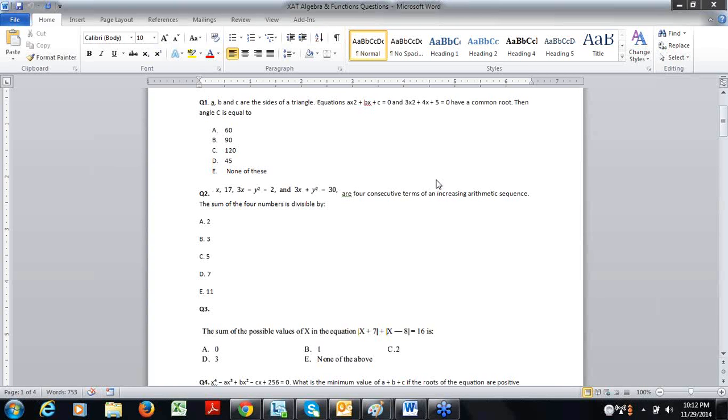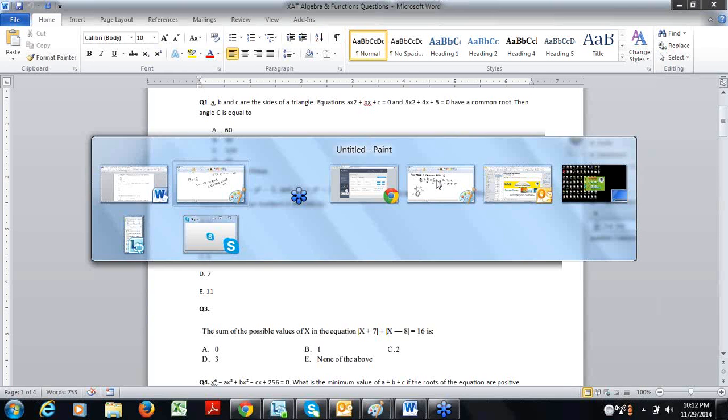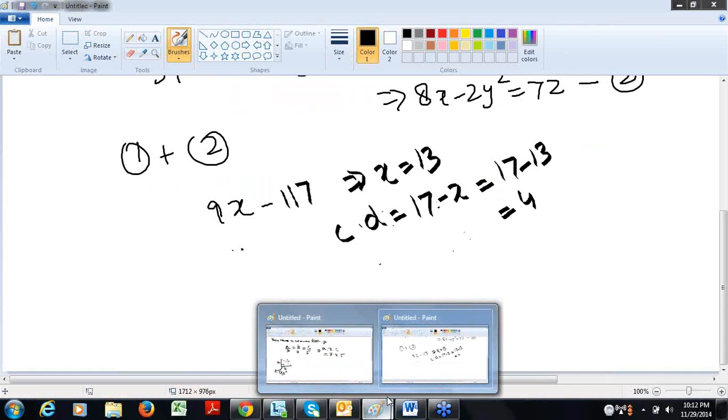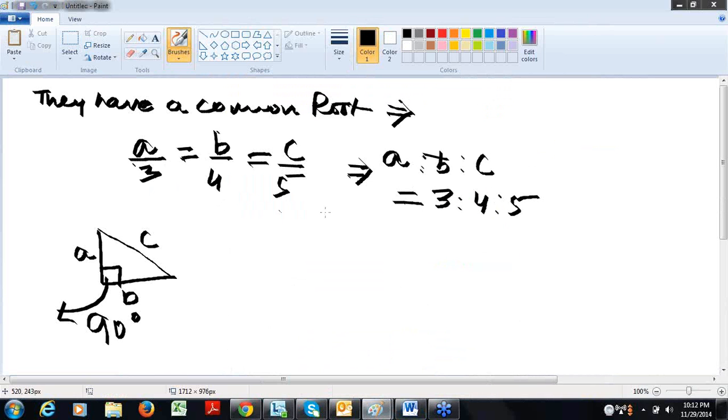We know that when two equations are said to have a common root, the ratio of the coefficients will be equal. So a by 3 will be equal to b by 4, which is equal to c by 5.